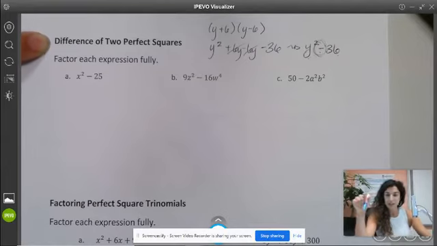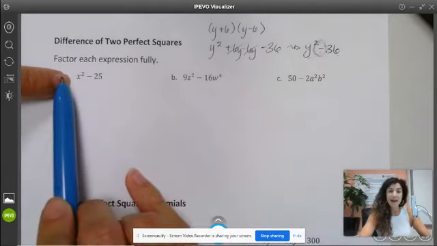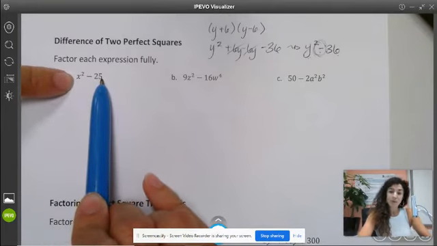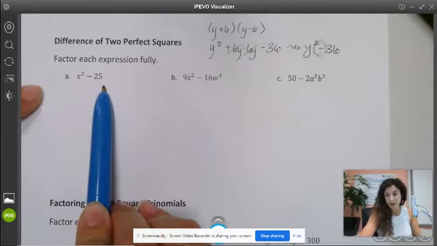So when you're trying to figure out which factoring technique to use, you're looking for: is it only two terms? That's a good indication that you should be using the difference of two perfect squares. And if it is only two terms, are each of those terms perfect squares? X squared is a perfect square, and 25 is a perfect square.